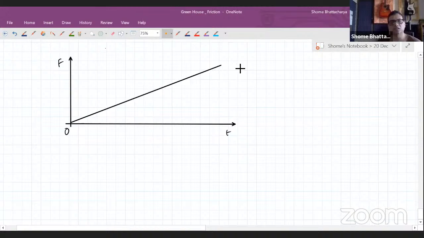Okay, and in this graph we know that at some time t naught, the force is reaching the value of F naught equal to 42 newtons.